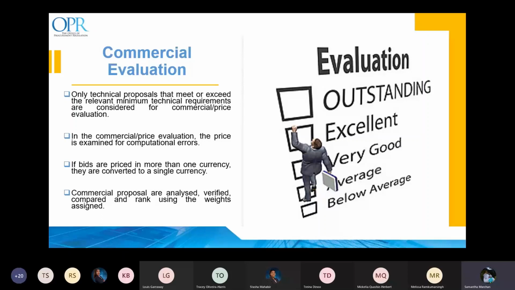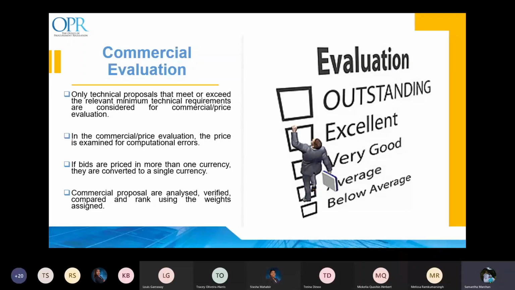When correcting arithmetic errors, suppliers or contractors shall be notified of the correction and be requested in writing to agree to the correction. A bidder that does not accept the correction shall be rejected, and its bid security, if any, may be forfeited.